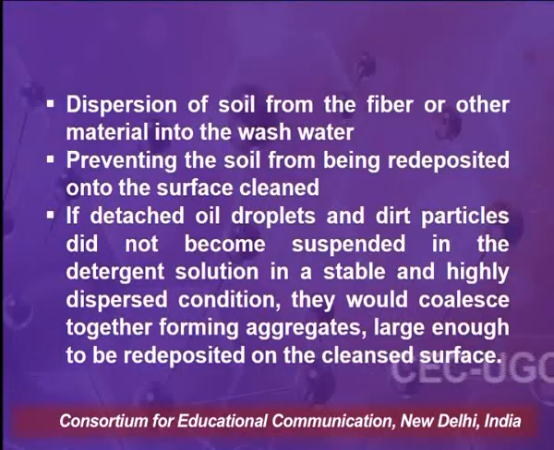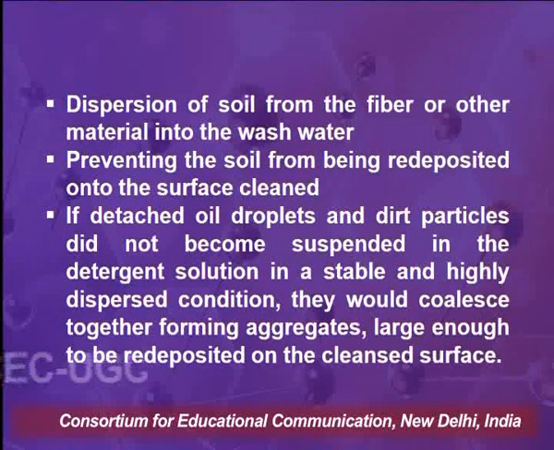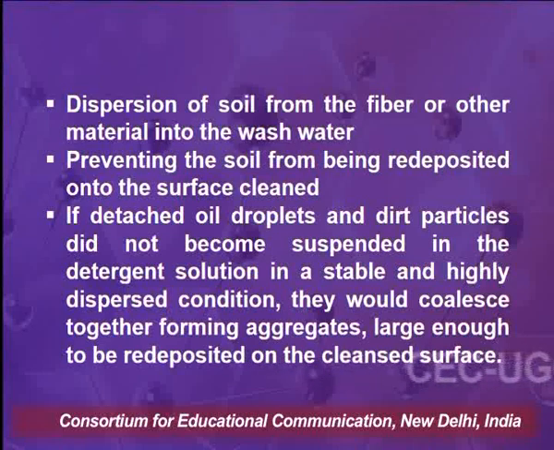Then comes dispersion of soil from the fiber or other material into the wash water, and preventing the soil from being redeposited on the surface cleaned. If detached oil droplets and dirt particles did not become suspended in the detergent solution in a stable and highly dispersed condition, they would coalesce together to form aggregates large enough to be redeposited on the cleansed surface.